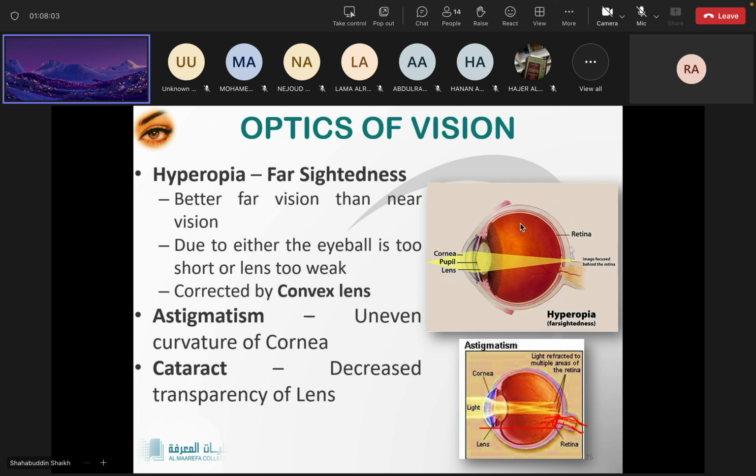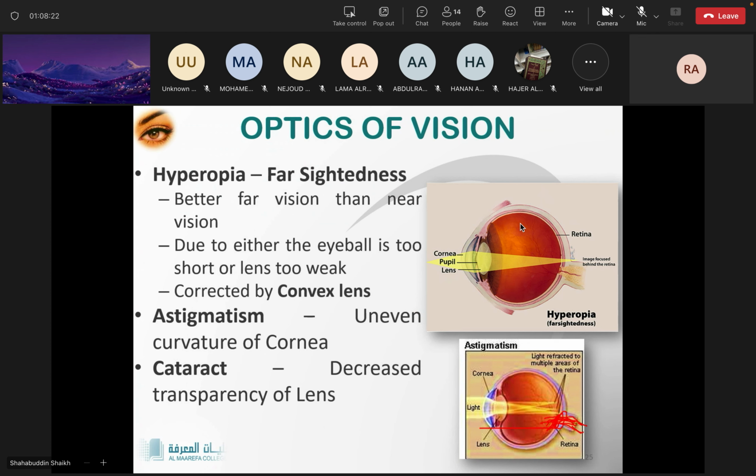So this is the gateway of the eyeball, the gate or door of the eye. The nerve and vessels come in or go out through the optic disc. So that is the importance.